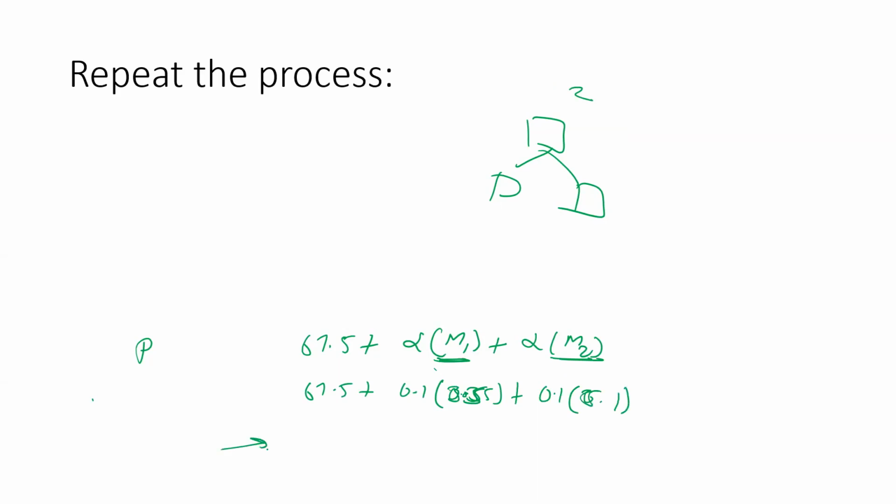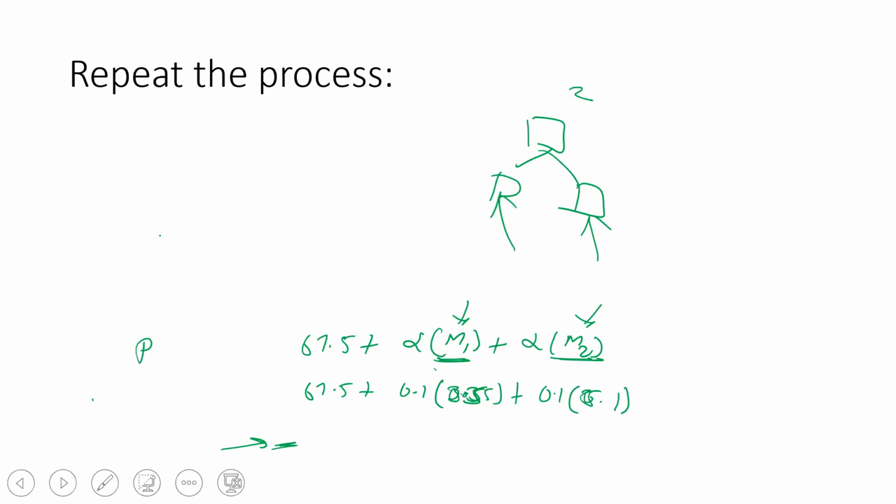So again, we are getting better and better. So M1 and M2 are predictions of residuals, right? In that leaf, it is basically the mean of the residuals that fall there.